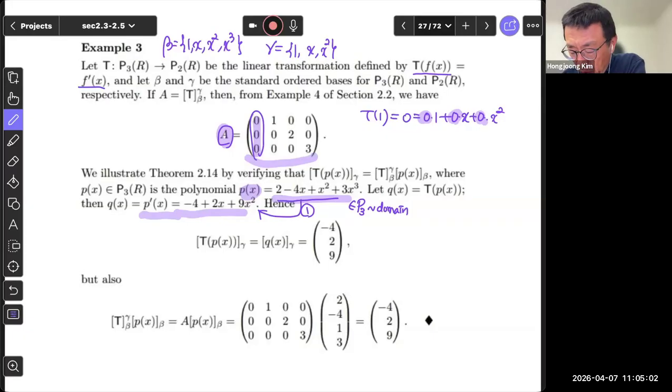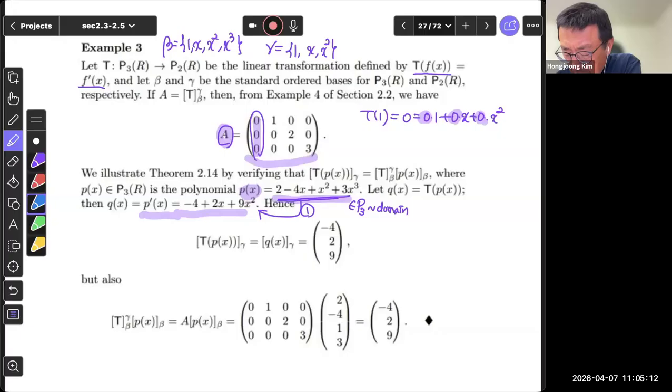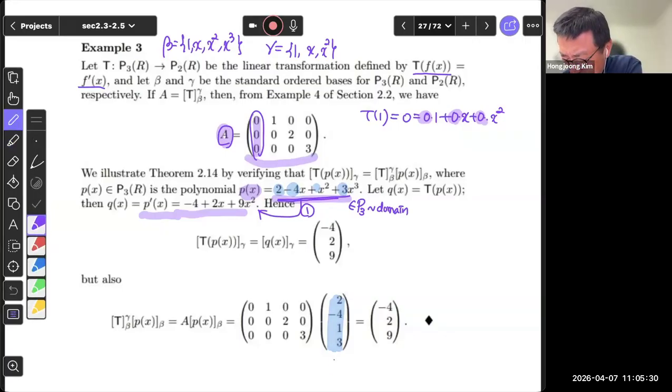When you represent this in terms of the standard basis, these numbers, 2, -4, 1, and 3, will be the coefficients of the vector P when beta is used as a basis.